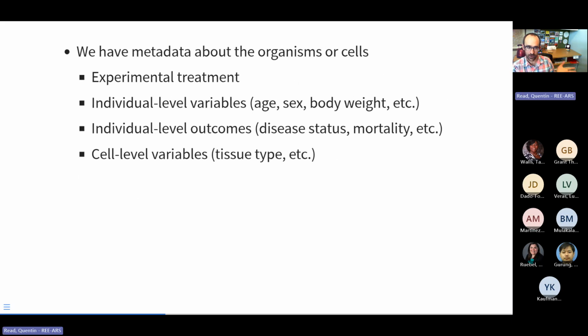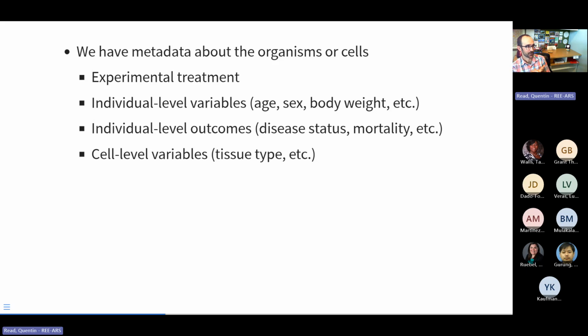And usually when you have omics data, you also have some sort of metadata or covariates that you want to associate with those omics patterns. Like you all do a lot of experiments where you have treatments, you subject people or animals to different interventions and then look at what effect that treatment has on, let's say, their gene expression or the microbiome or whatever.